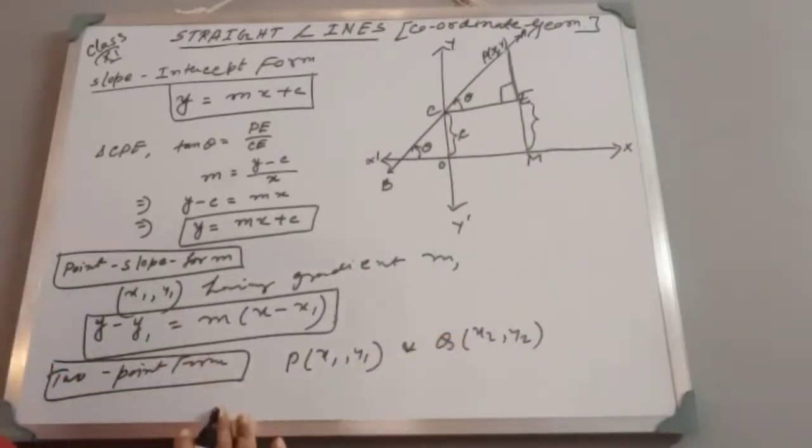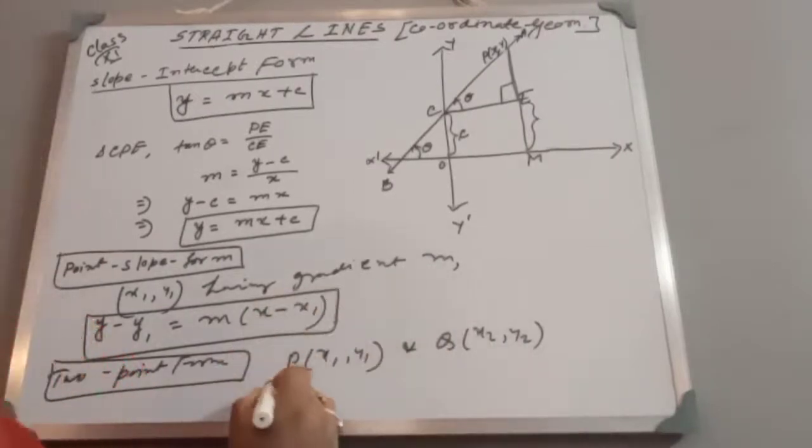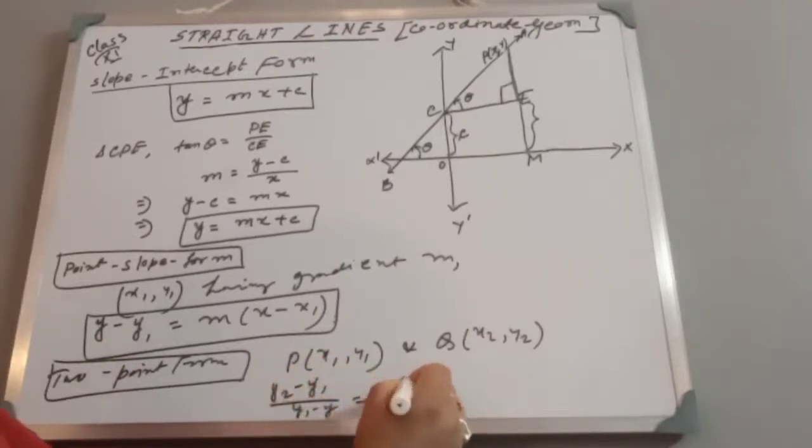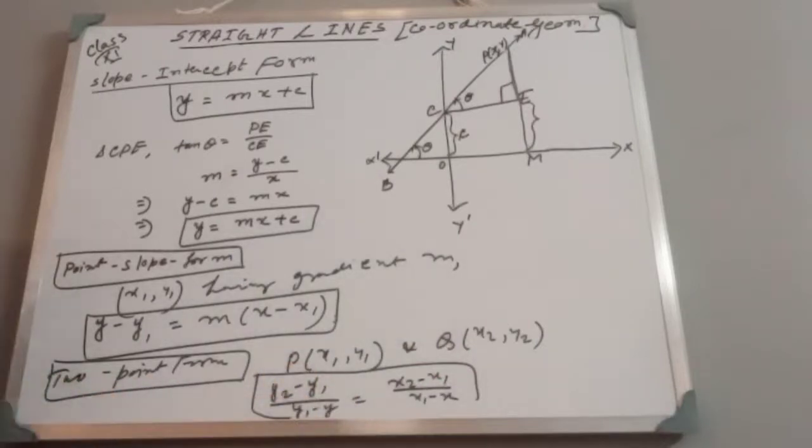The equation is, remember, (y2 minus y1) by (y1 minus y) equals (x2 minus x1) by (x1 minus x). So this is the equation of a straight line passing through 2 points (x1, y1) and (x2, y2). We have to remember all these forms.